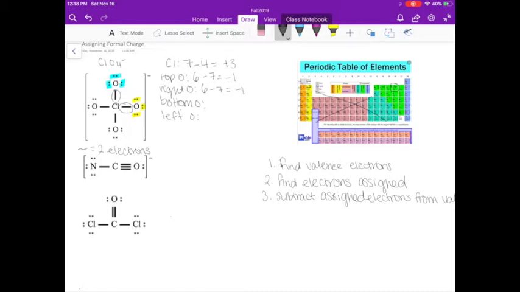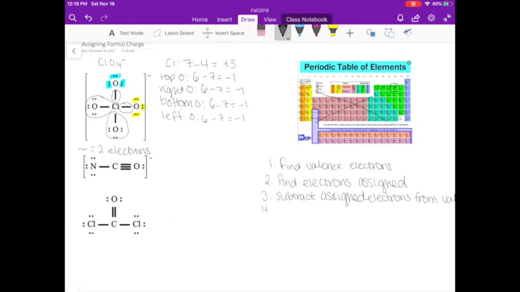Which gives us another formal charge of -1. If we continue to look at all the rest of the oxygens in the structure, we'll see that they have a similar structure as the first two, meaning that they've been assigned 6 individual electrons and they share a bond with chlorine, so all of them are going to have 6 valence electrons and 7 assigned to them, which gives them all a formal charge of -1.